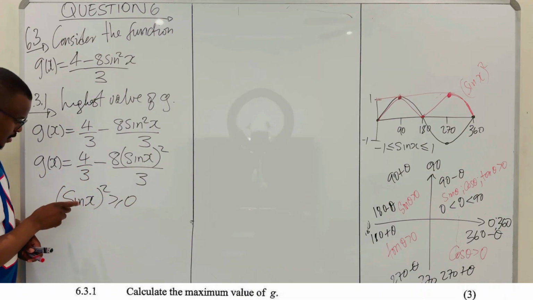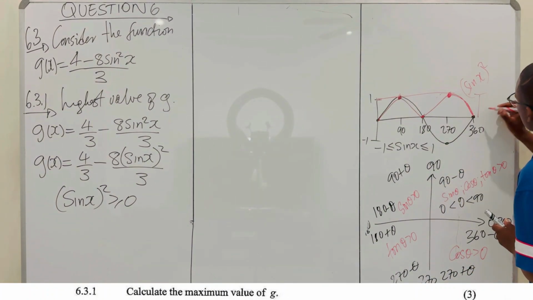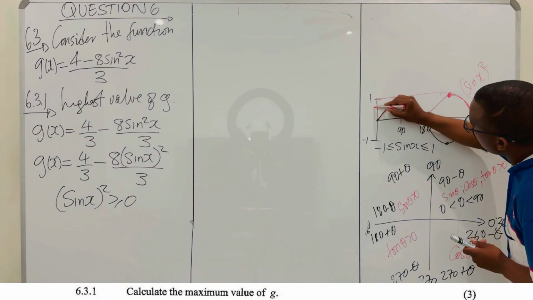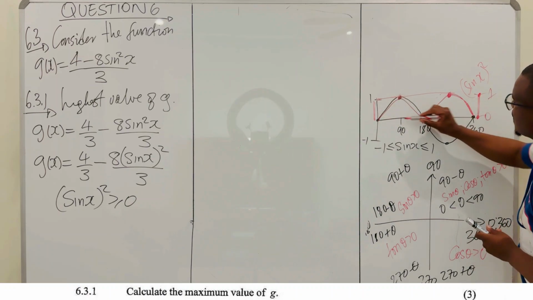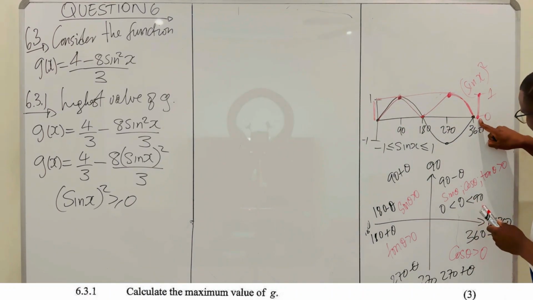Look at it here, the red function. It's between 0 and 1. It takes y values that are from 0 to 1. So use the y values that are from 0 to 1 over here, the red function. So now the values of these things are either 0 or above 0.